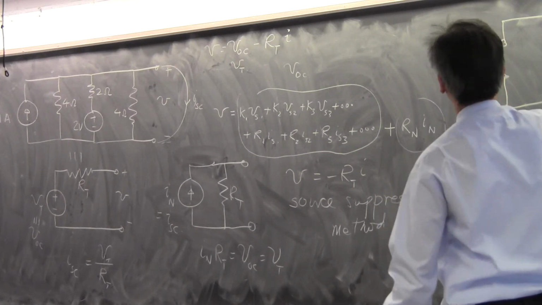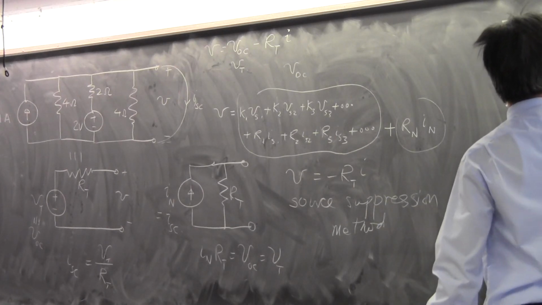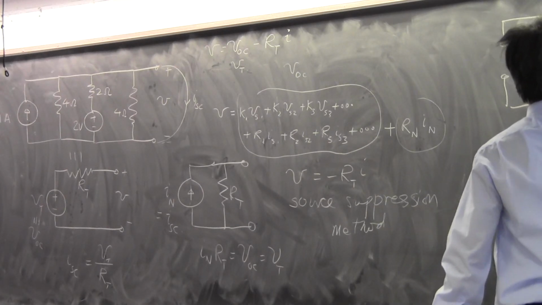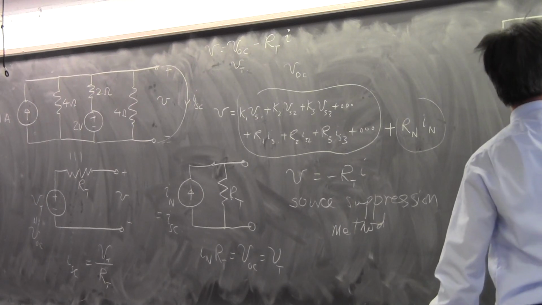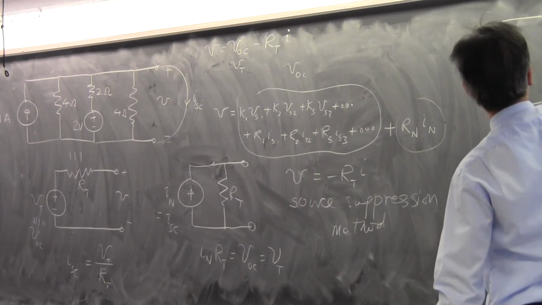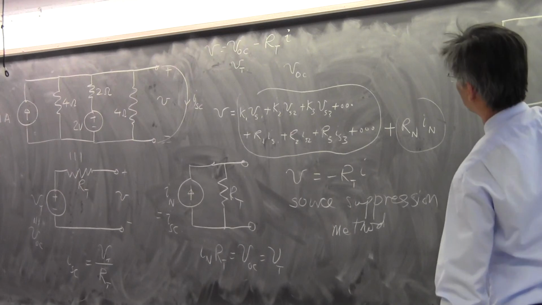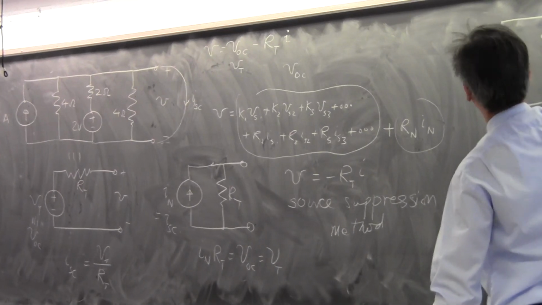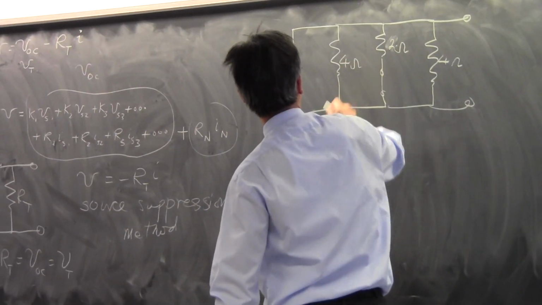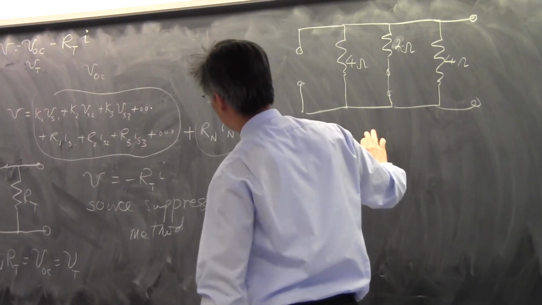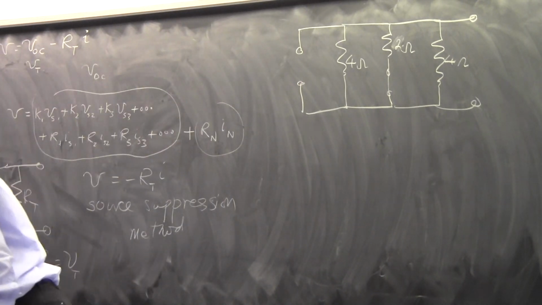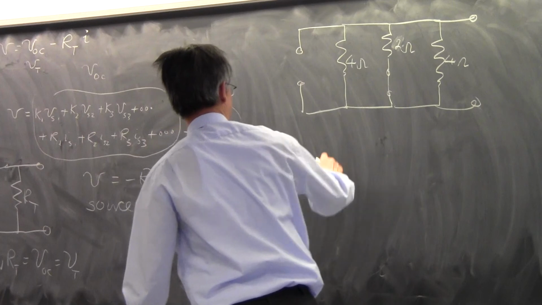A short circuit put there, and then I will have 4 ohms here, and then I will have 2 ohms here, and then I will have 4 ohms here. Okay, and this source suppressed should be identical to this source suppressed.